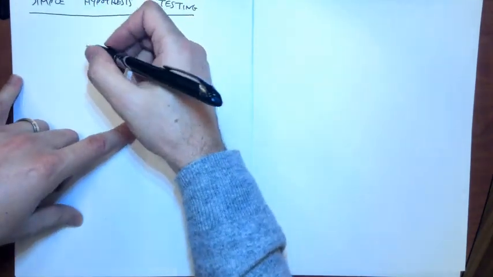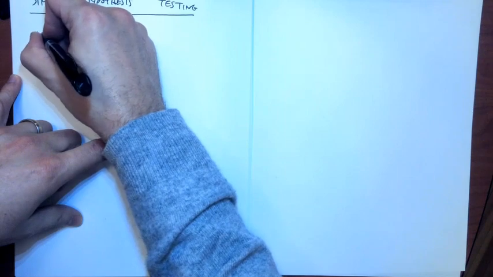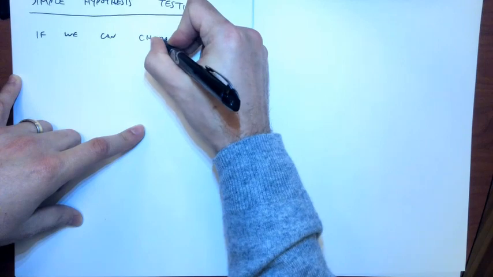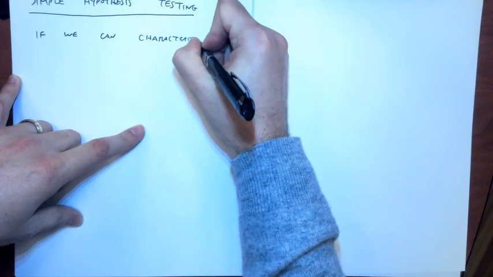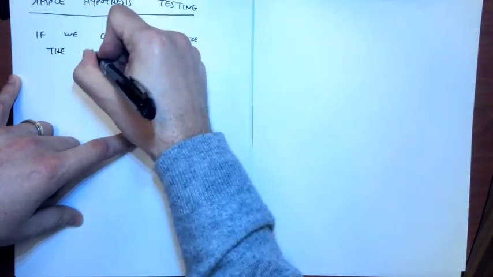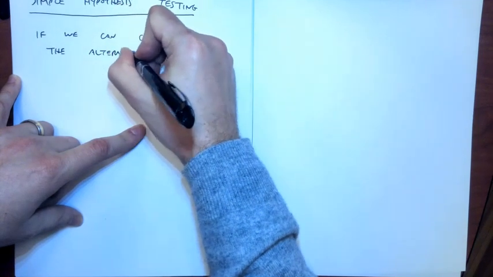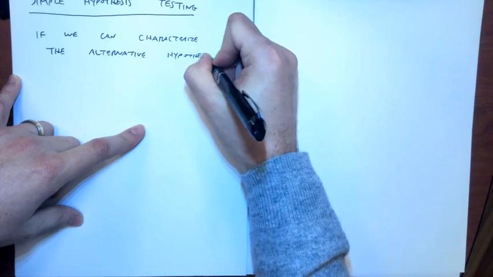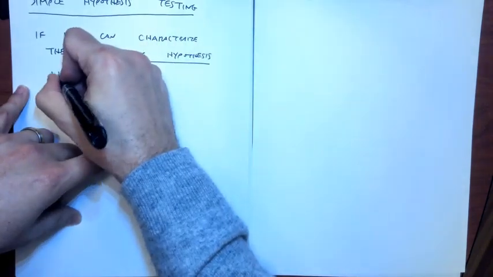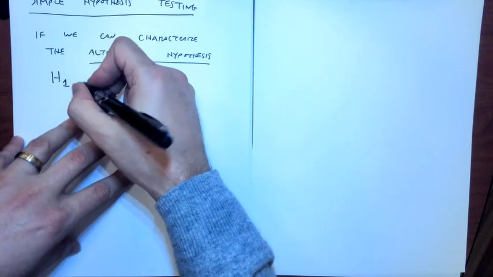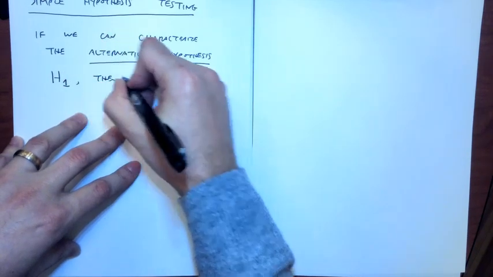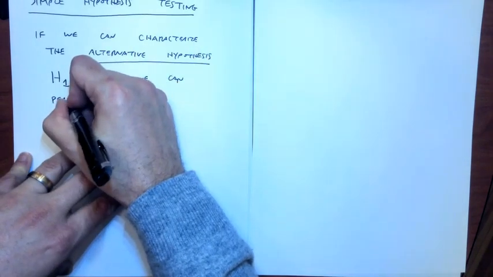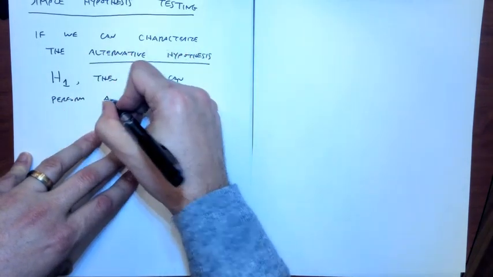So the setup is similar. If we can characterize the alternative hypothesis, call that H1, then we can perform what's called a hypothesis test.